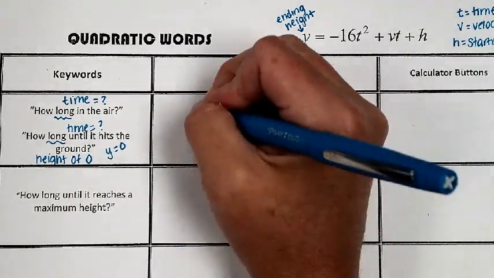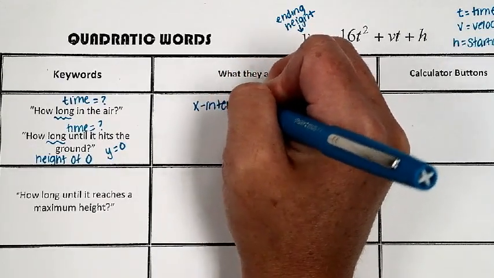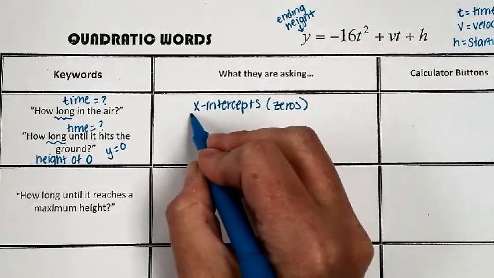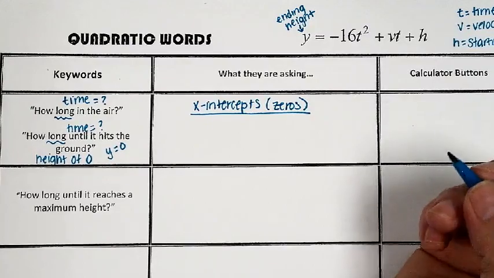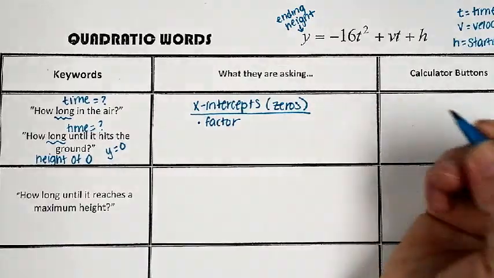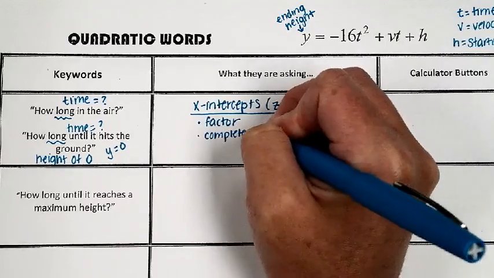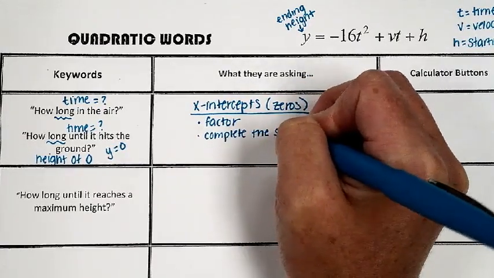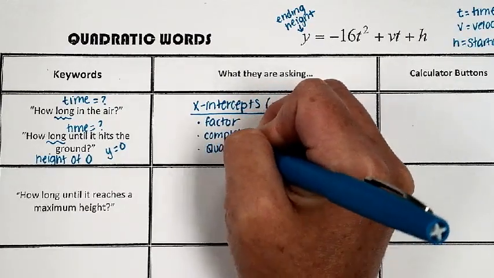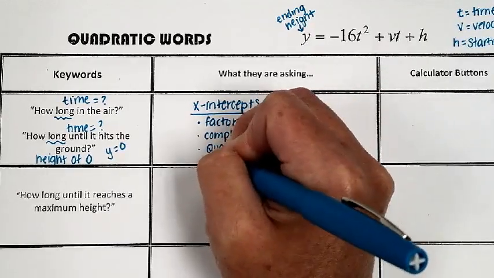So what are they asking? They're asking for your x-intercepts, also called your zeros. And if we were doing this by hand, we could factor it, we could complete the square, we could use the quadratic formula, or graphing.